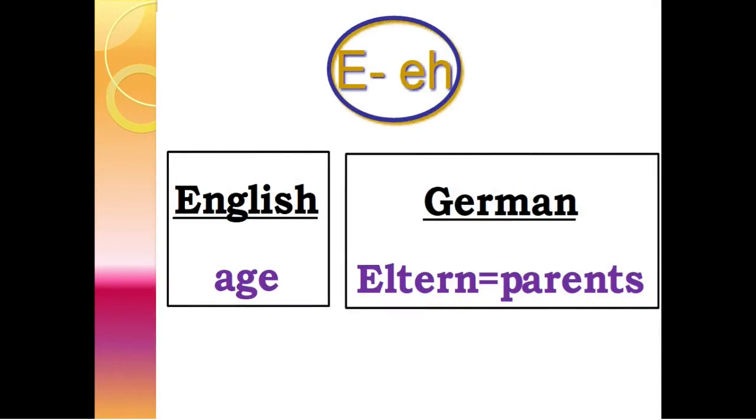The German E sound comes in an English word like age and in a German word Eltern. And as I already mentioned previously, the German E just sounds like the English alphabet A.